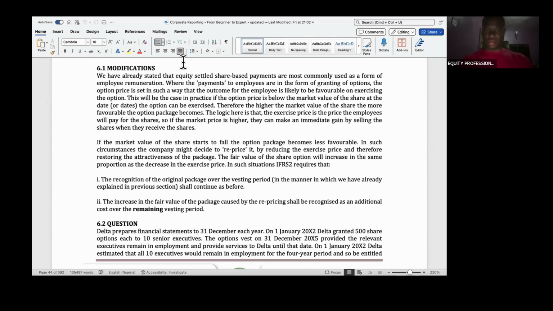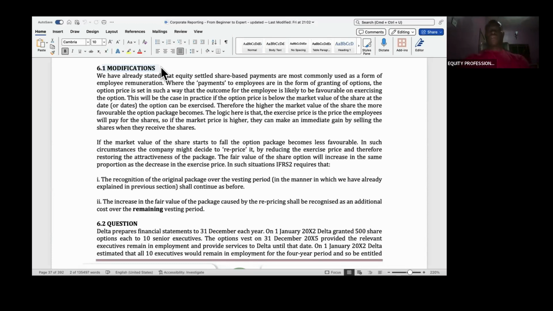Now, today, I want to quickly solve two questions first. Questions that would show a scenario. I have explained this principle to you before, but I will just solve a question on it today very quickly, which is a scenario where there is a modification.